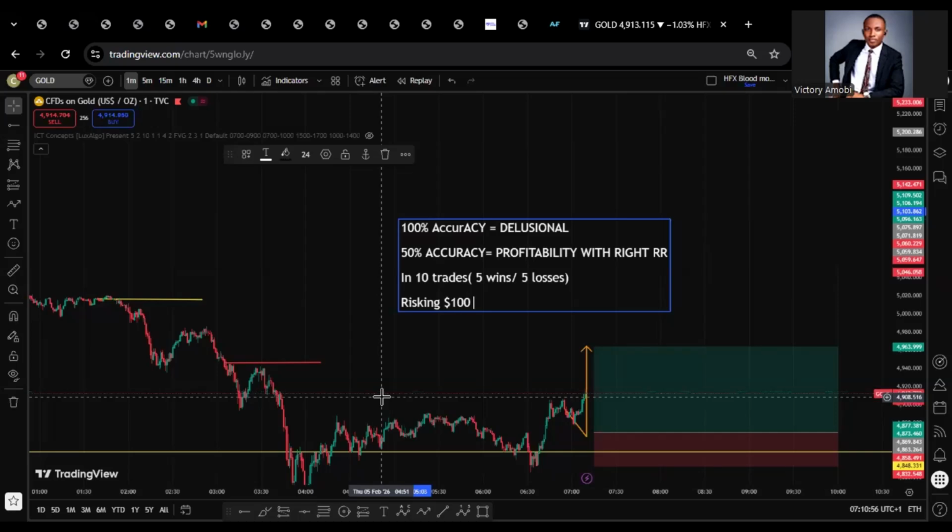And your RR is 1:2. So for every $100, you're looking at $200, right? So your 5 wins equal $1,000, right?